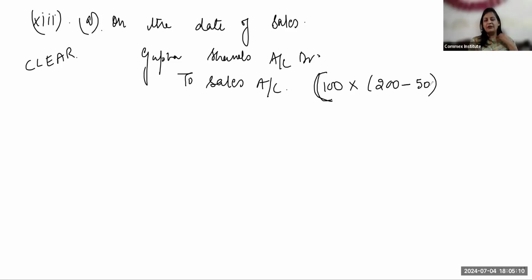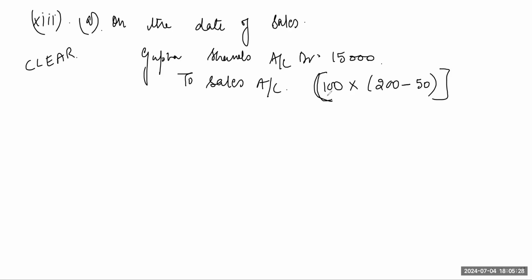One shawl ka discount kitna hua? 200 pe 25% is 50 rupees, right? So this makes a total amount of 15,000, right? Yes, sir. Shawls into per piece price is 150. So trade discount is not recorded. We have deducted the price and with that figure only we make the entry.